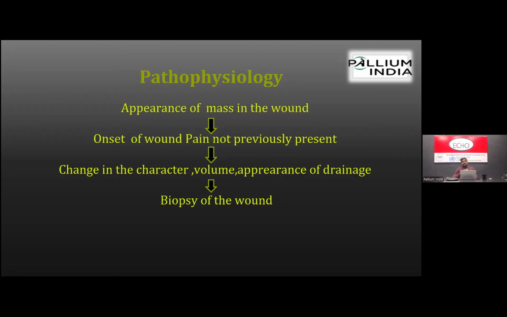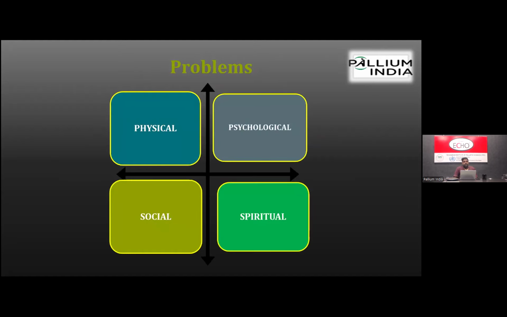ulcer. So whichever it may be, whether the fungating wound, the cancerous wound, or the Marjolin ulcer, we look into this. So here, the fungating wound, why are we calling it a fungating wound?